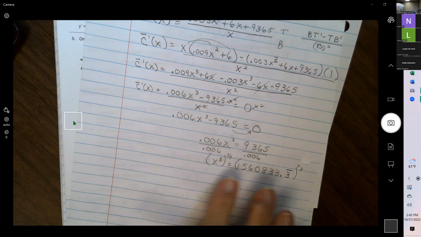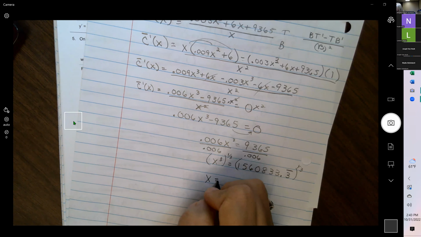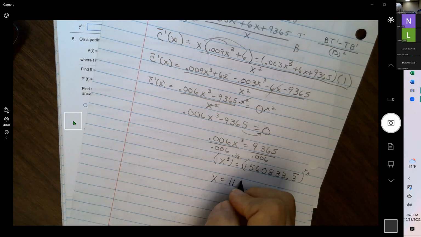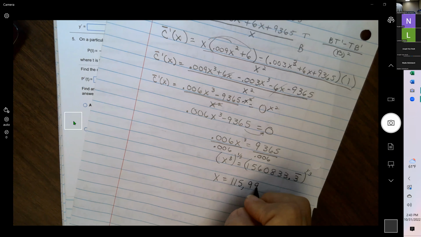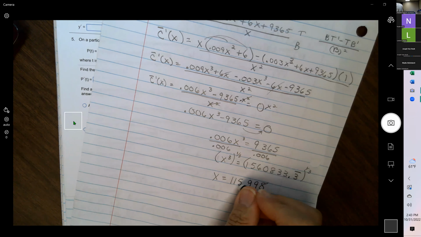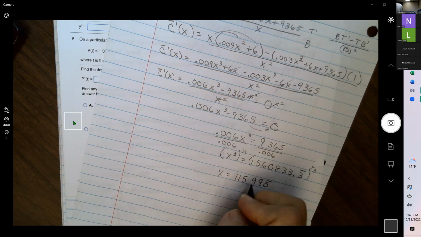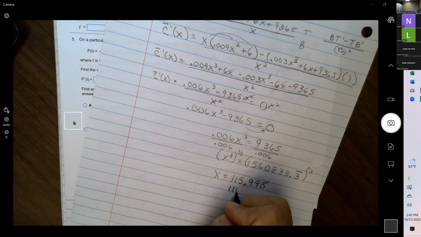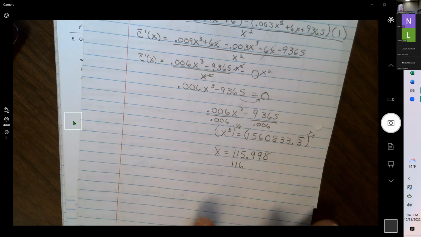So you want to take both of them to the 1/3 power. And if you do that, you get 1. This should be a decimal. 116.